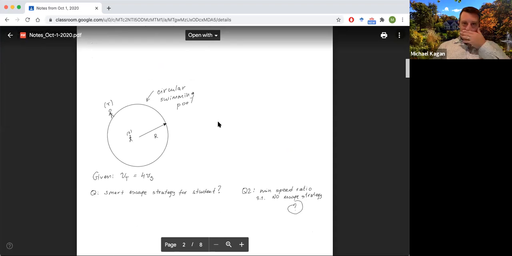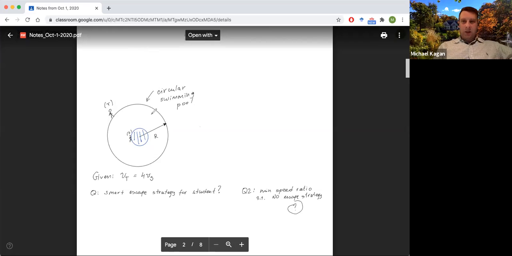Yeah, again, those of you who thought about this problem, you figured out the main feature here, that given this ratio, 4:1, if the student is inside the inner circle, so if the student is inside this inner circle, think of this as rotational motion.